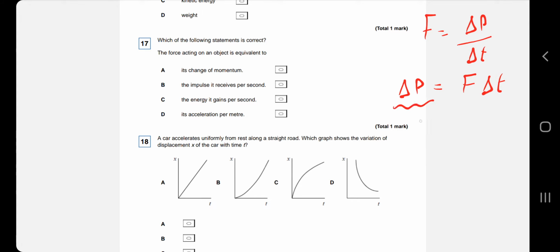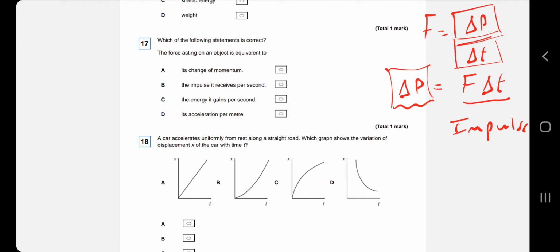And this quantity is known as impulse. So we can safely say that the change in momentum is impulse. So impulse it receives per second would be equivalent to the force.